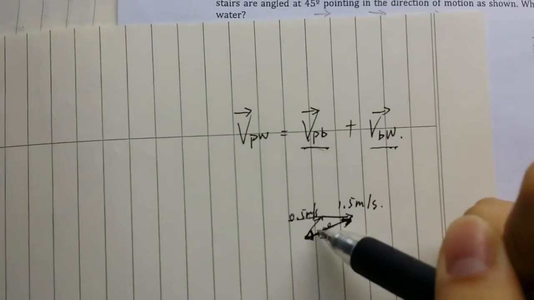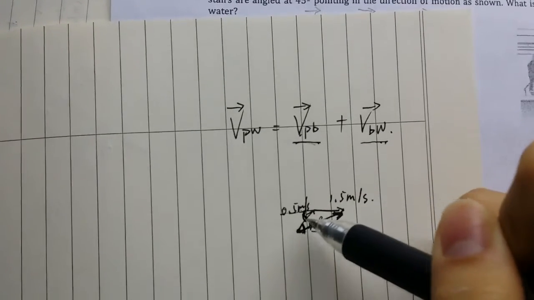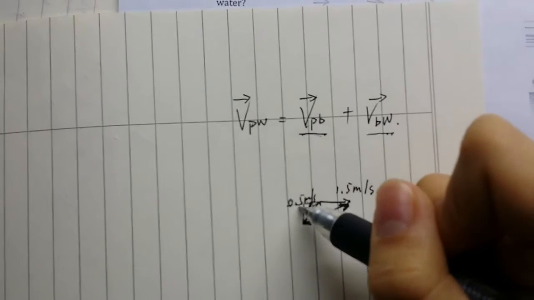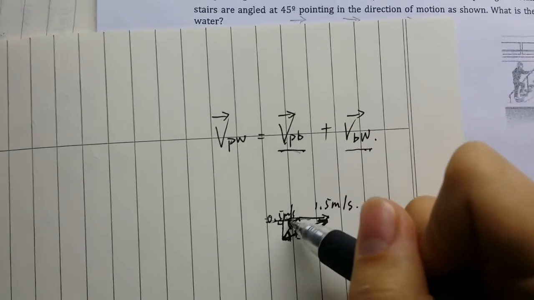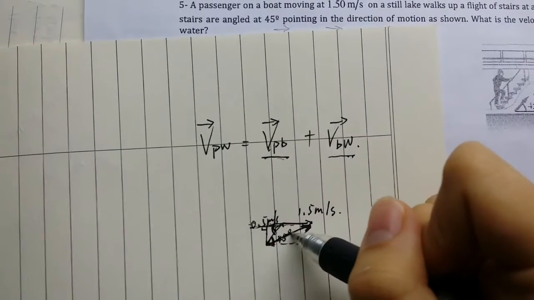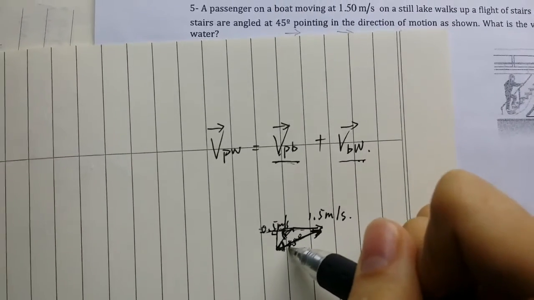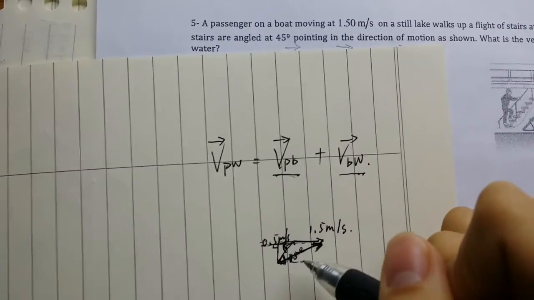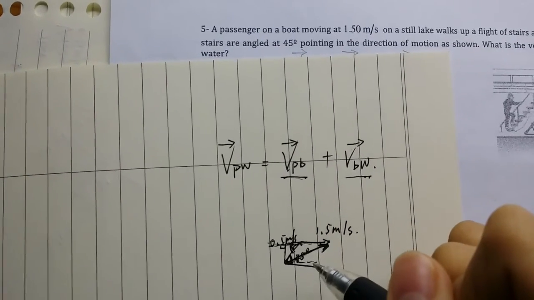Because this angle is 45 degrees, we can also know that this angle is also 45 degrees, and we make this line perpendicular to this one, and with this 45 degrees we can calculate the velocity of this one, and also the angle of this velocity to the horizontal line. So that's it.